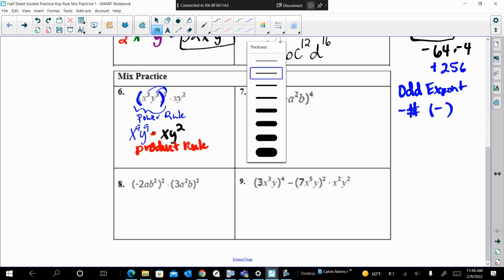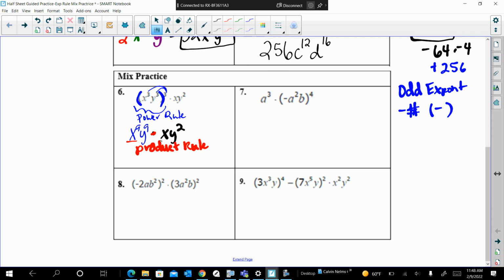If I add the exponents for my x's, what am I going to have a total of? Yep, x to the 10th power. And then if I add my y's, that's going to be to the 11th power. And that's the final answer.